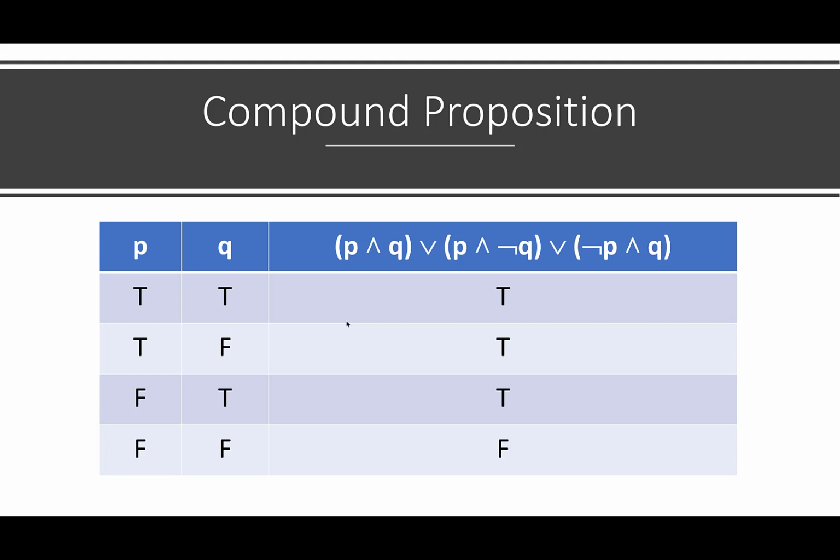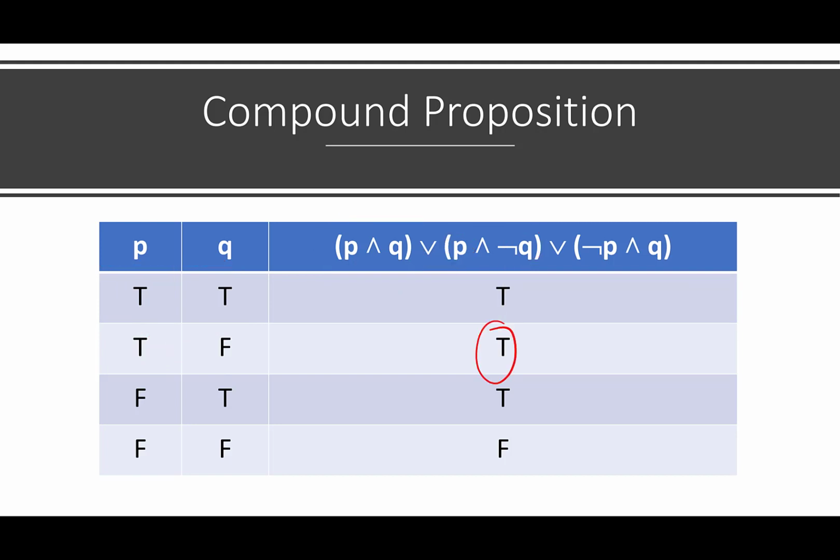But here, let me make sure we understand the idea. Here's what I've done. I've taken each set of P and Q combinations that give me a true, and then I've ORed them all together. So this set of P and Q is true and true. For this set, I have a P that's true and a Q that is not true, so true and false, and I end up getting a true.